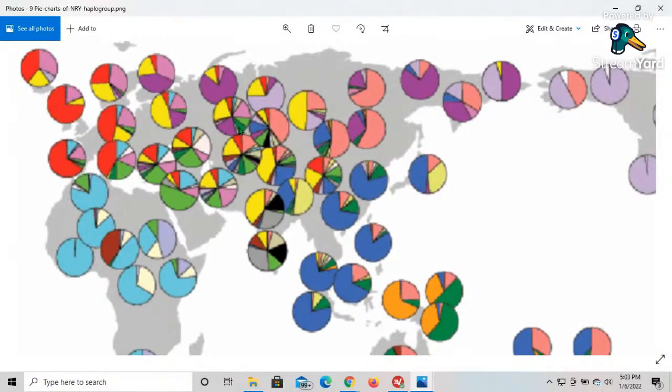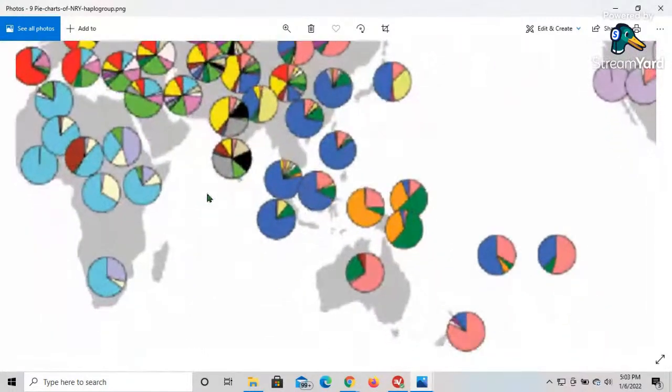The descendants of Nimrod went this way, they didn't go this way. And this purple color is Israel in Europe. That's pretty significant percentages of the population as well as the green, the J2, the J in those areas.